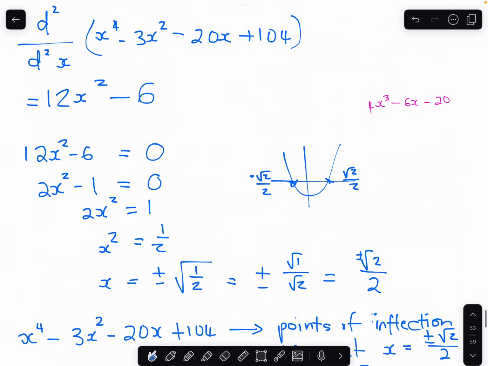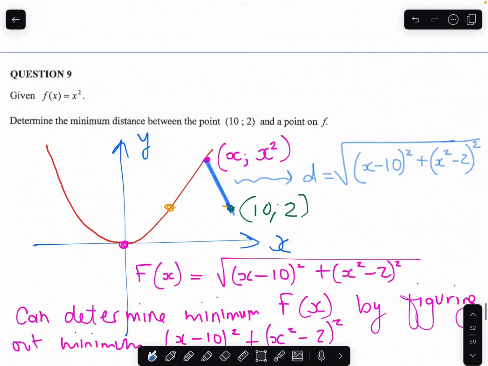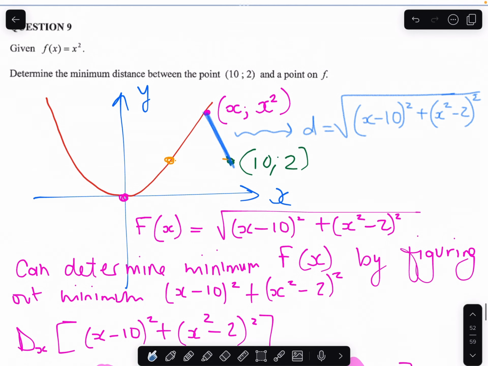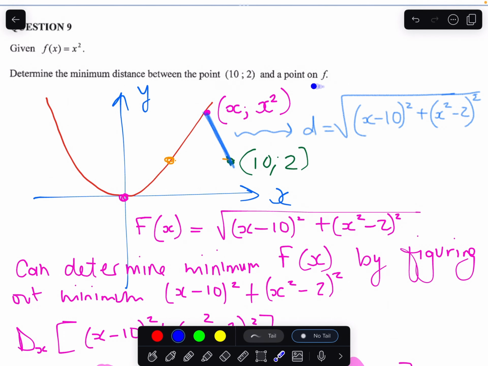And so to go back to the original question, determine the minimum distance between the point (10, 2) and a point on f. We know that the minimum distance occurs when x is equal to 2, right? So that would be maybe somewhere here. And when x is equal to 2, the y coordinate is equal to 4.